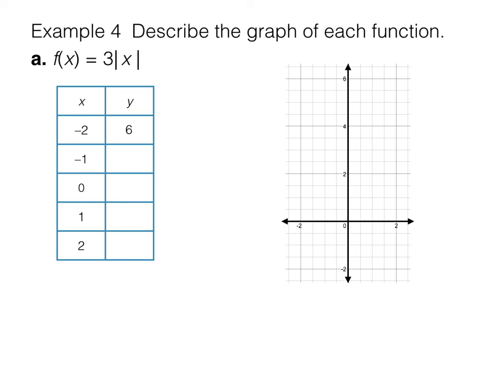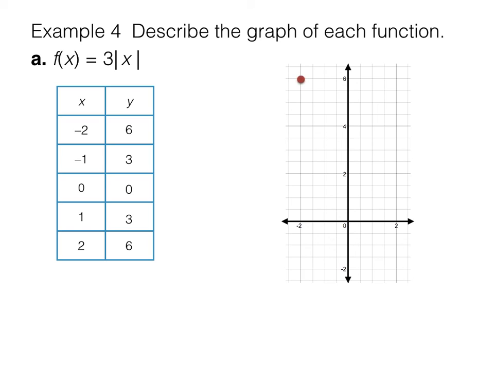So f of negative 2 equals 3 times the absolute value of negative 2. That's 3 times 2, or 6. F of negative 1 is 3 times the absolute value of negative 1. That's 3 times 1, or 3. F of 0 is 0. F of 1 is 3, and f of 2 is 6.